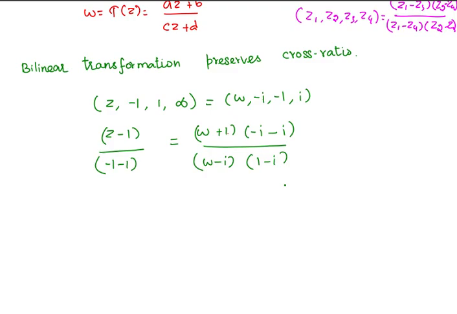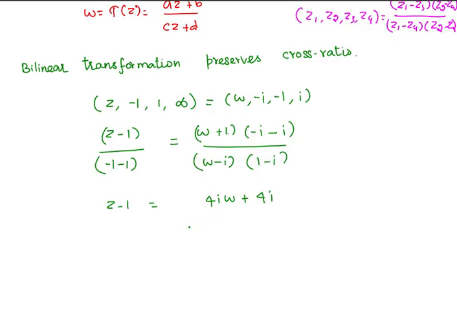Now I want to represent w in terms of z. So you simply multiply: z - 1 equal to, this is -2, here is 2i, so -4i, so 4i w plus 4i.